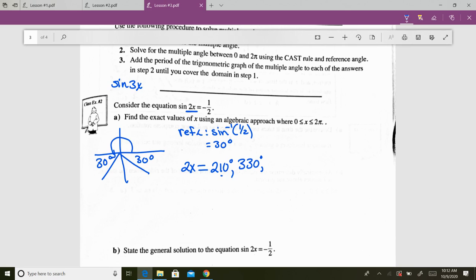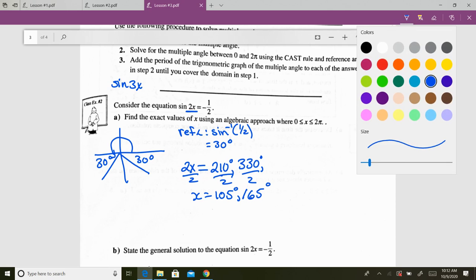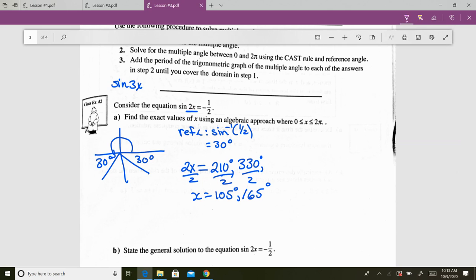Well, actually, let's solve for x first. So I don't want to solve for 2x, let's solve for x. So how do I get rid of the 2? You divide both by 2. And you get x is equal to 105 and 165. And then to get the remaining answers, you add multiples of the period.